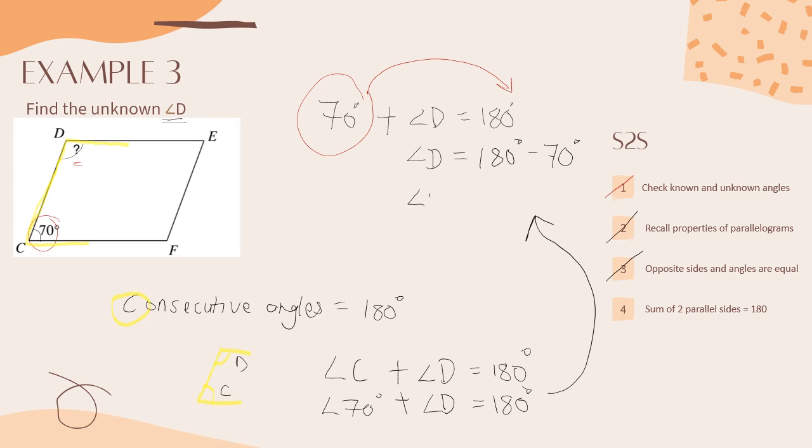So angle D is, if you cannot do this in your head, you can always do side calculation. 180 minus 70. 0 minus 0 is 0. 8 minus 7 is 1. 1 ke bawah. So the answer for angle D that you need to find is 110 degree. Do not forget the degree symbol.